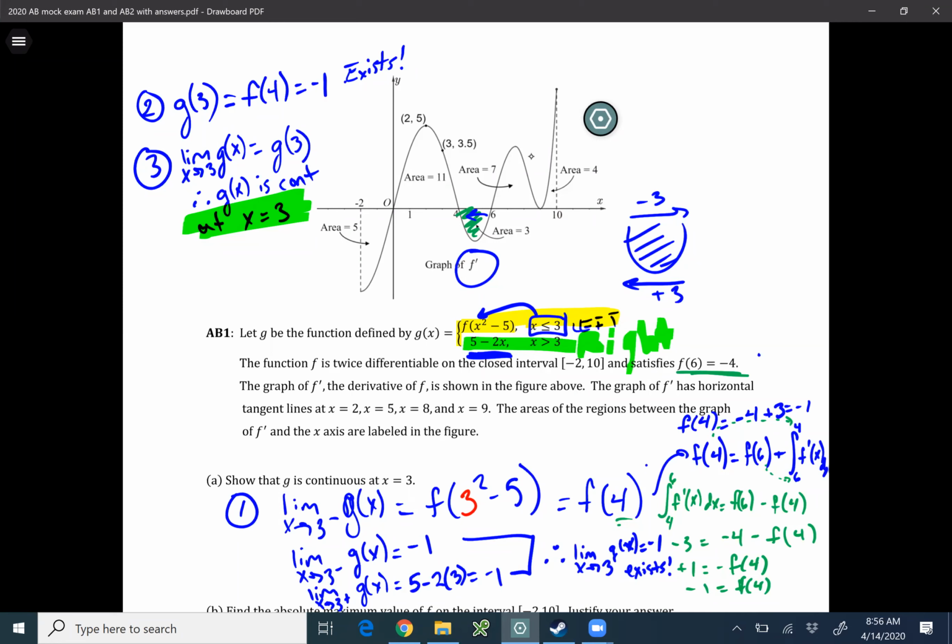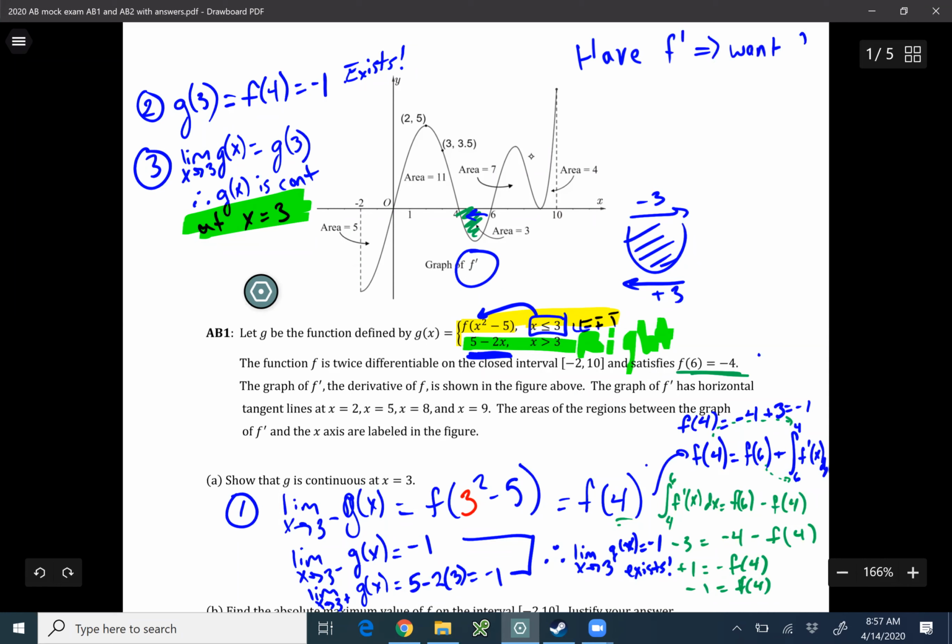So whenever this is part of that whole fundamental theorem of calculus, which is if I have f prime and I want f, we're taking an integral, right? Like we're going back up. So we're trying to get f of 4. And the only way to get f of 4 from f prime is to take an integral.